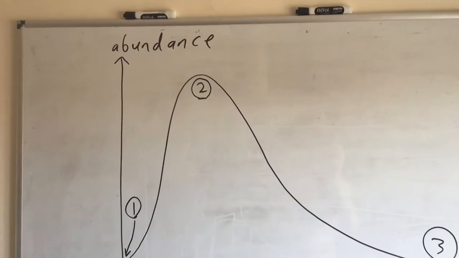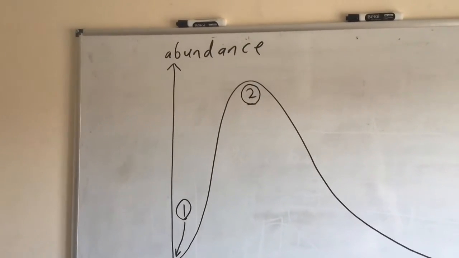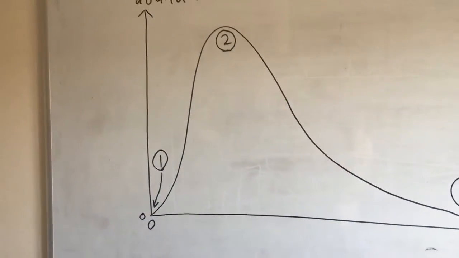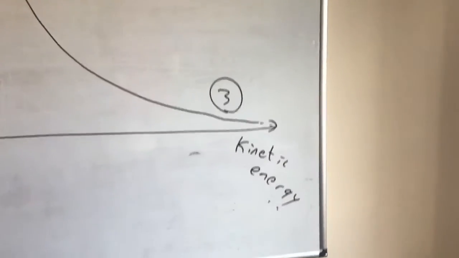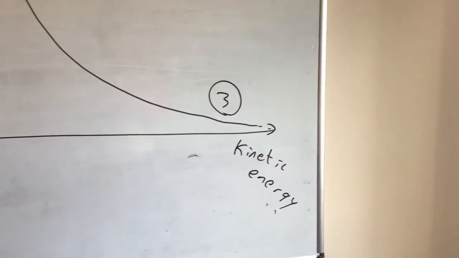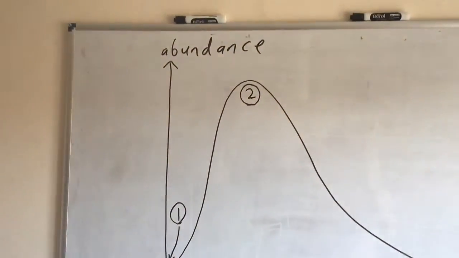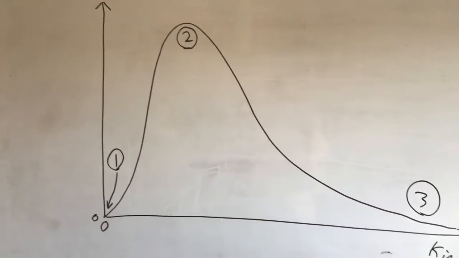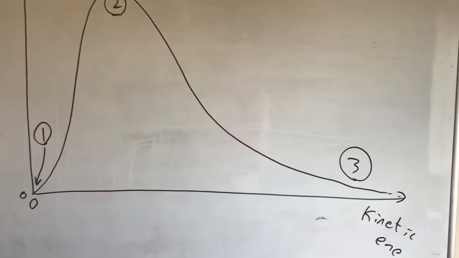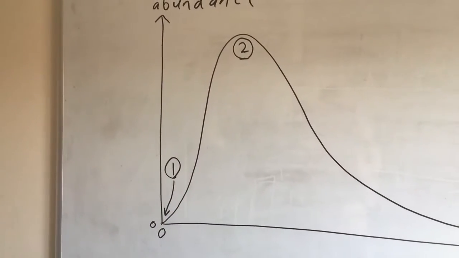So, a bit like we just did for the heights of students in the sixth form college, we could imagine doing the same kind of survey on gas molecules, where we would measure their kinetic energy, and we would do a graph showing the abundance of molecules at each kinetic energy, producing a graph that looks not dissimilar to the histogram of the heights that we did in the last picture.